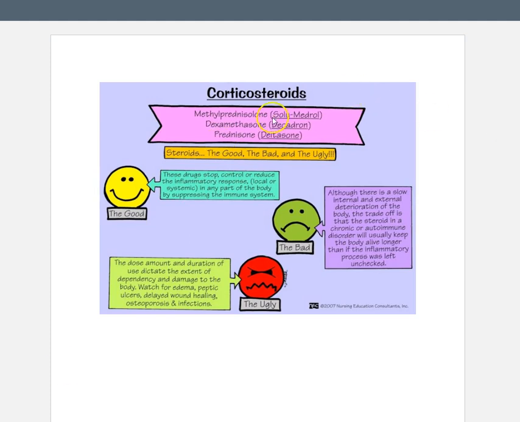These are obviously examples of corticosteroids, and we're more concerned with the prototype of dexamethasone, which is Decadron. Routes can either be IV push or PO. How this medication works: it treats inflammation. It works by decreasing or preventing tissues from responding to inflammation. It also modifies the body's response to certain immune stimulation.